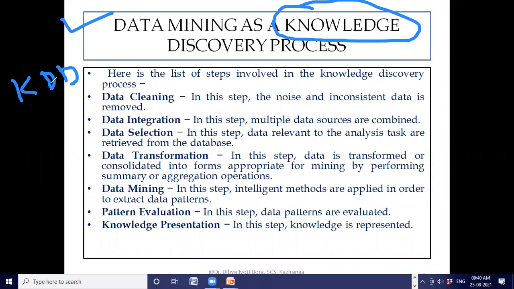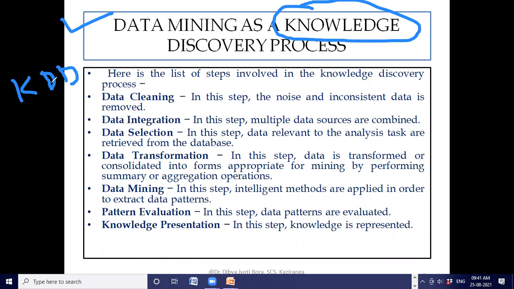Mere storing of the data is not going to help us. We try to find some hidden patterns there that may be beneficial for our company to add some profits. We need to find that trend, or that knowledge, from that big database.